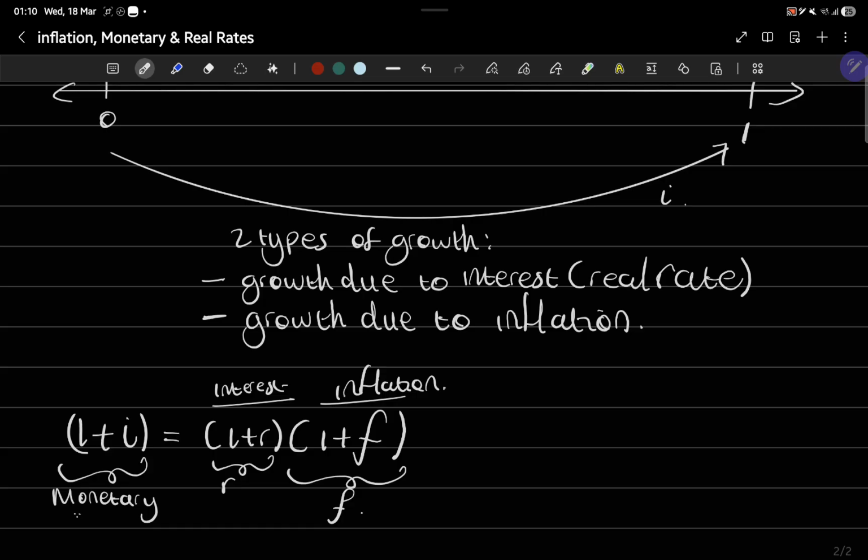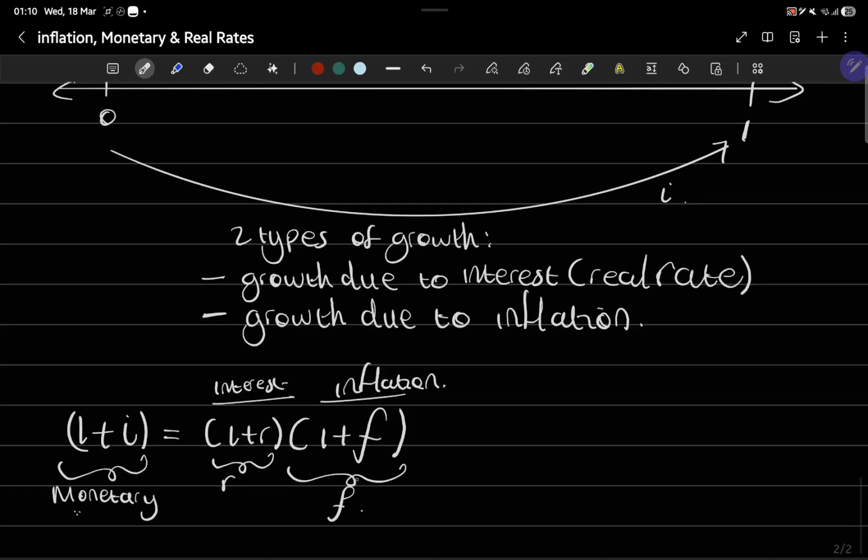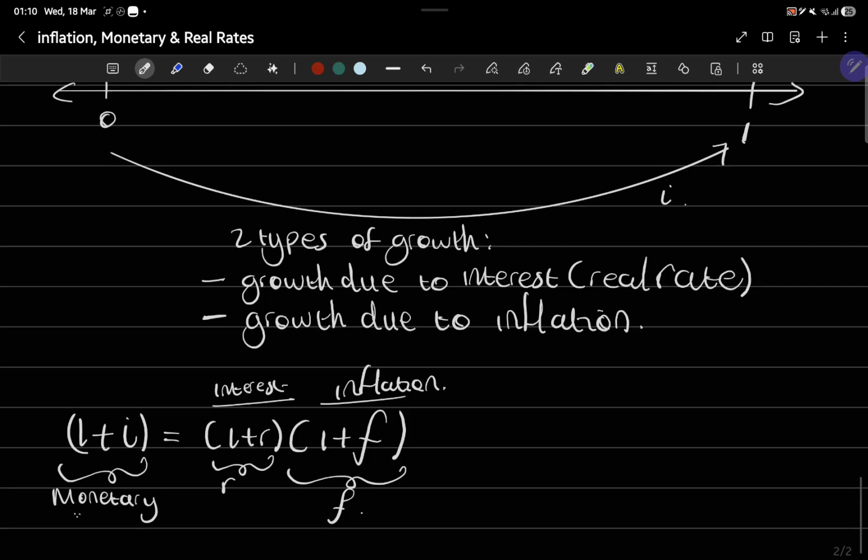We said a monetary cash flow is a specified future amount in terms of the purchasing power at that future date. So it has inflation in it. The inflation has not been adjusted out of it. So we accumulate and discount using the monetary rate to ensure that when we discount, we also discount inflation. And the real rate, which we use for real values, takes out inflation.